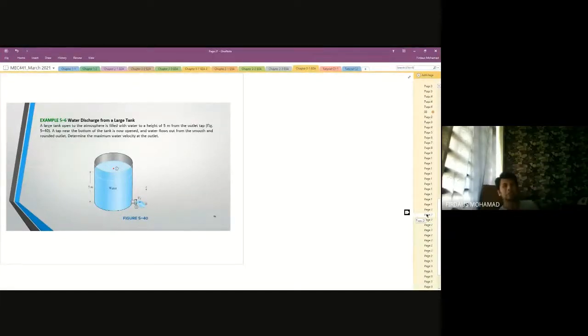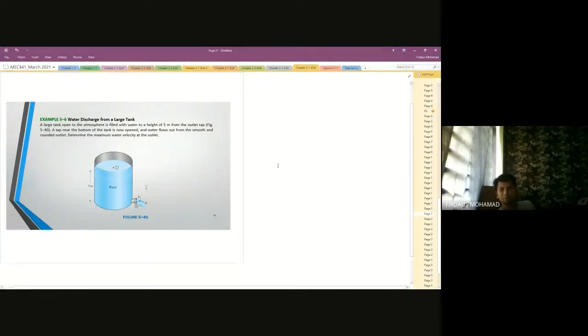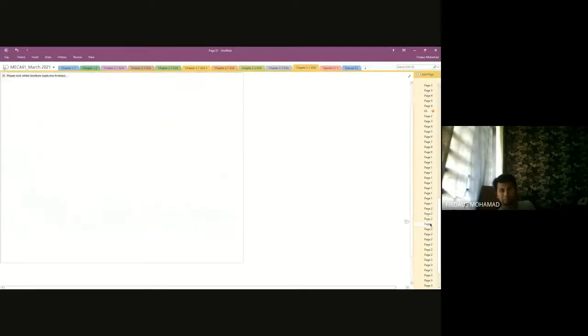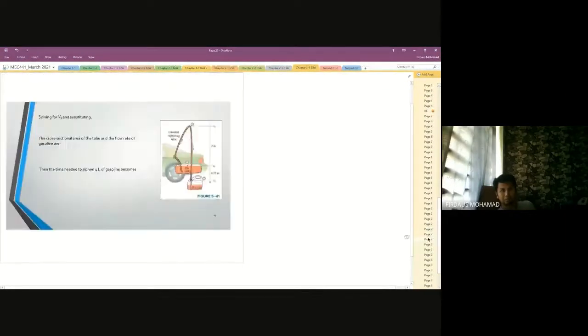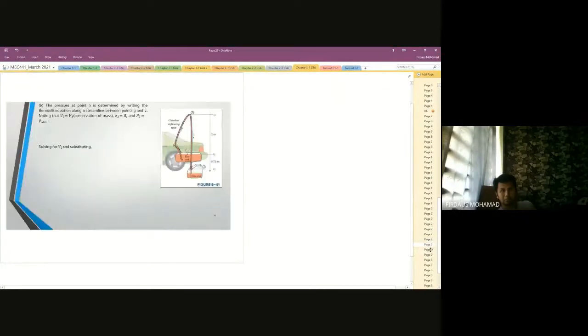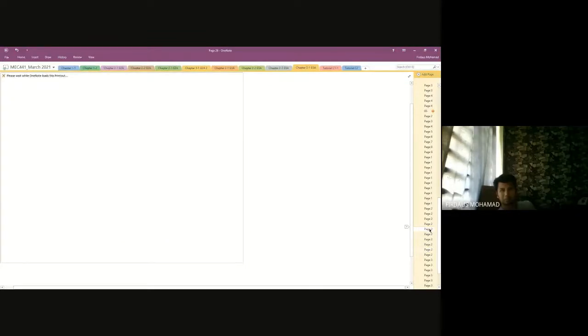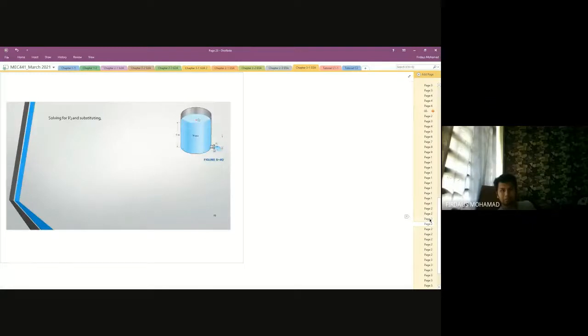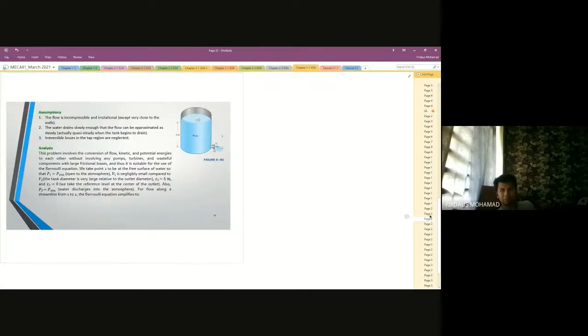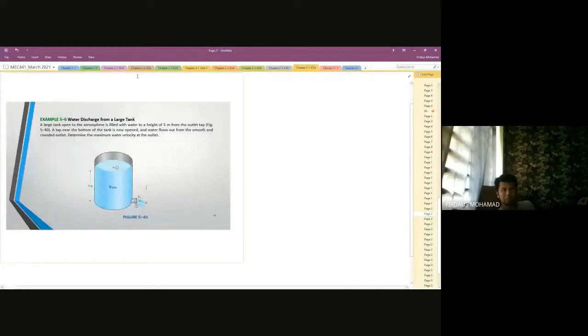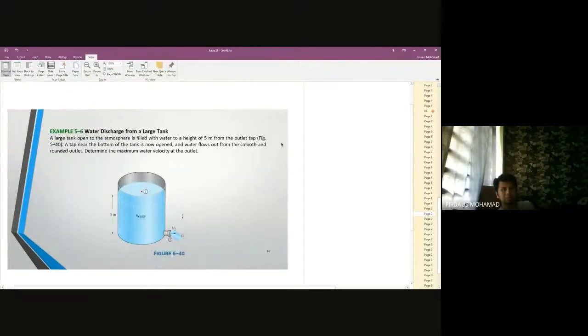Okay, so tengok example 5-6 ni. Cuba jawab. Ni pun sama sebab ada elevation different.